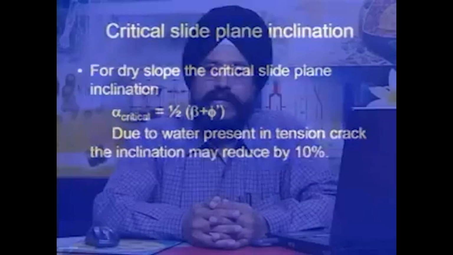So, friends, we are continuing our discussion on the finite slopes. We have considered the planar failure case. We have discussed how to get the limiting height. Then we have also discussed the tension cracks.